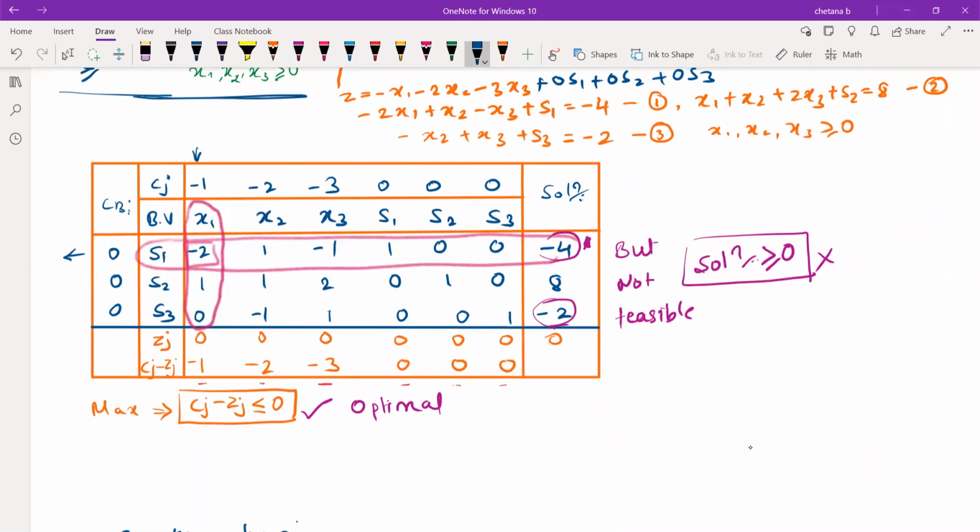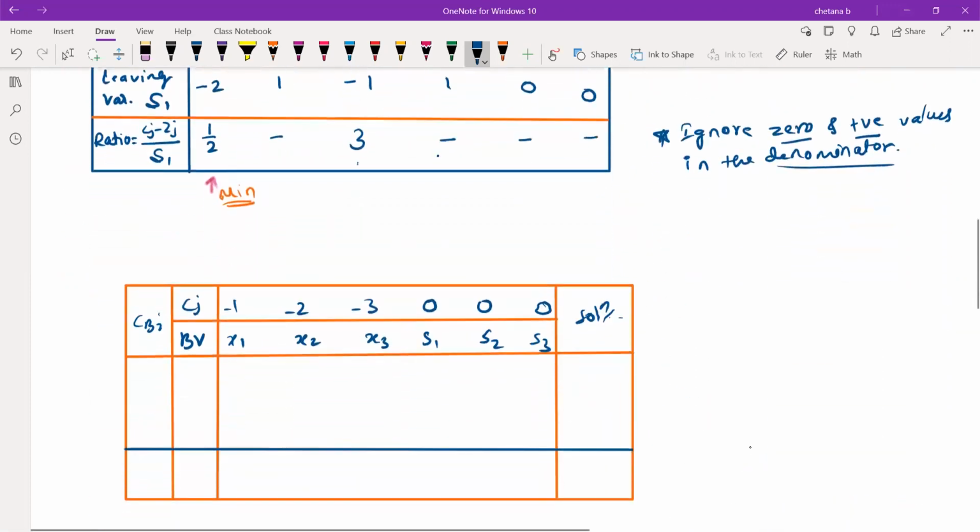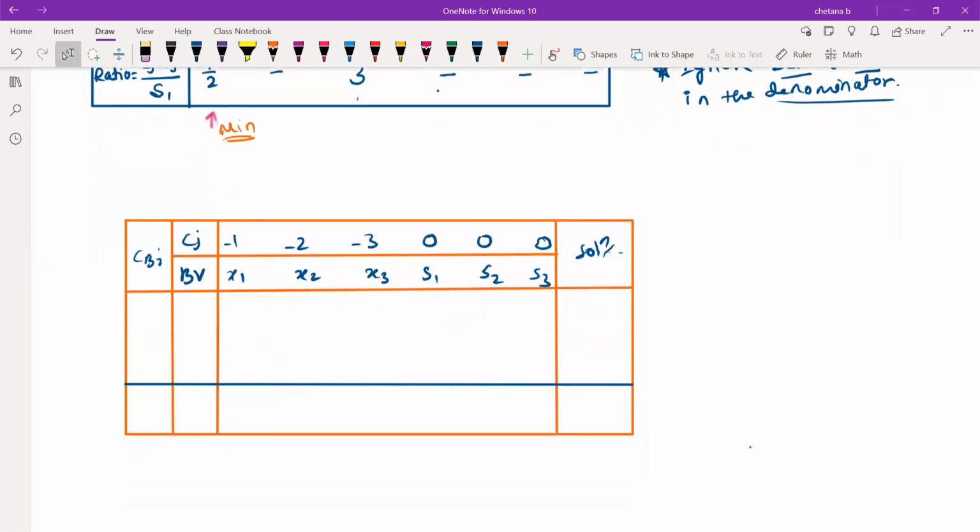It's supposed to be x1, ma'am. X1. Which is the leaving variable? S1, ma'am. So we need to leave the S1 and consider the X1. So here X1, S2, S3 as it is. So this is 0, this is 0 and this is -1.